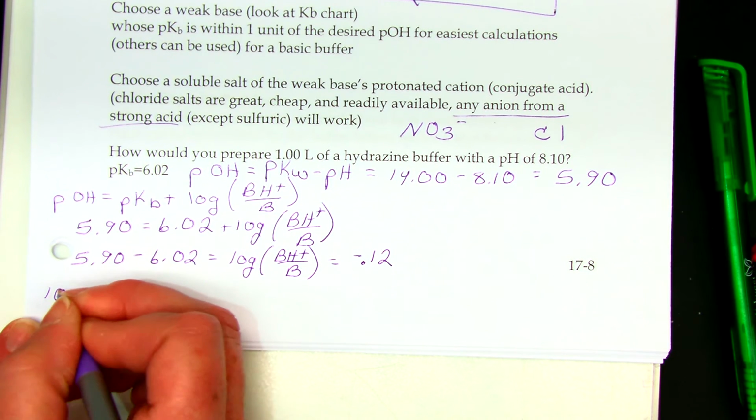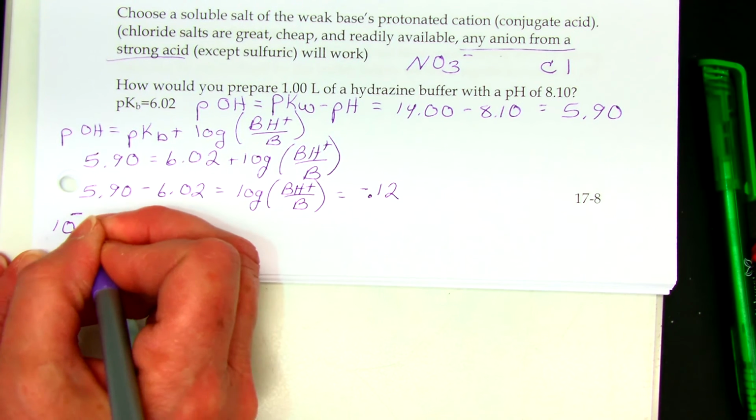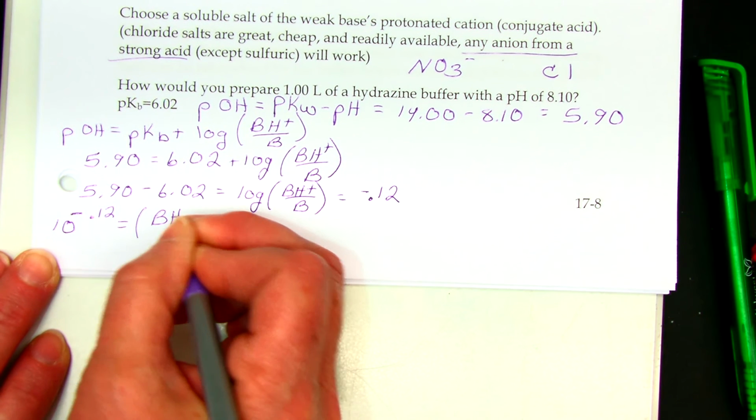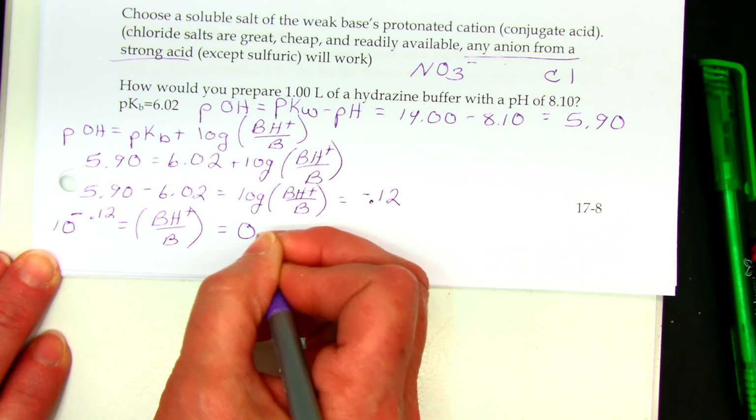So taking the antilog, or exponentiating, 10 to the negative 0.12 gives me my BH+ over B ratio, and that's equal to 0.76.